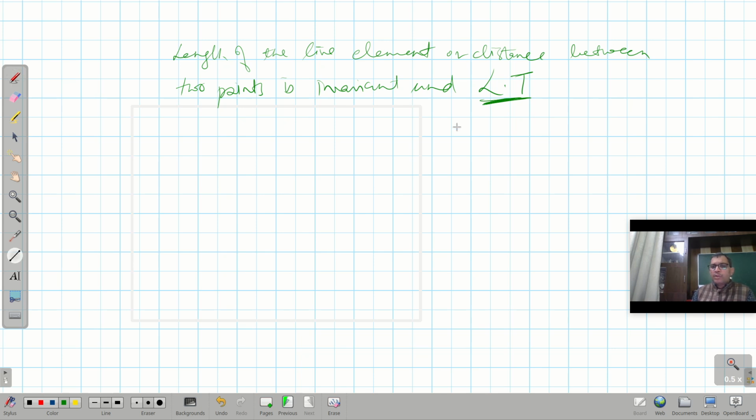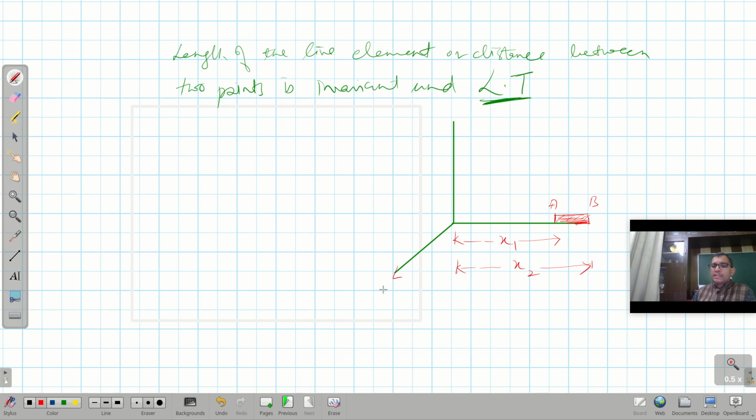So let me draw a Cartesian coordinate system. This is one Cartesian system, and say some object is placed along the x-axis. It is a certain object which is placed here, and say this point is A and another end is at point B. When it is seen from this stationary frame of reference, this coordinate is known as x1, and the coordinate of the other end will be x2.